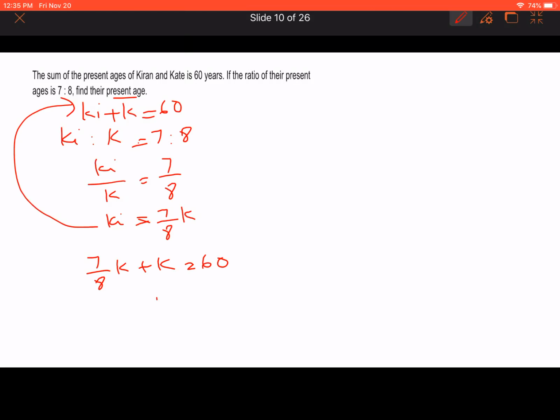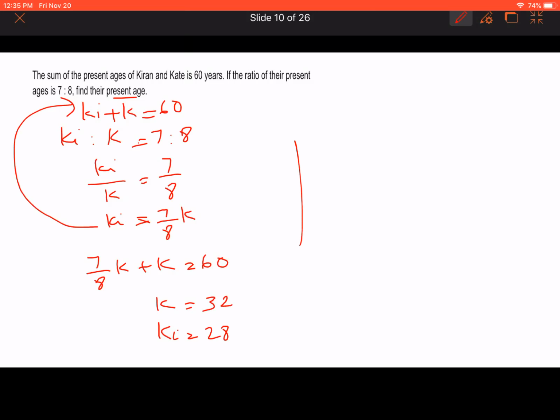Therefore, by solving the equation, we find that Kate's age is 32, and then we'll find Kiran's age to be 28. Okay, this is one way of doing.